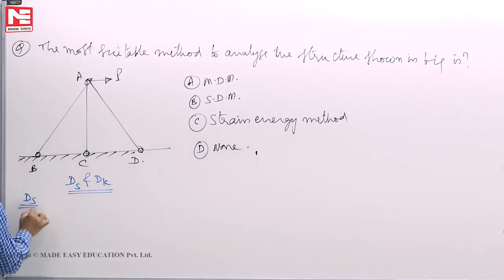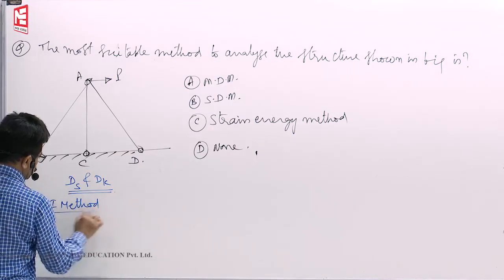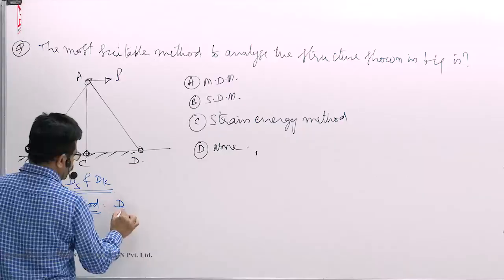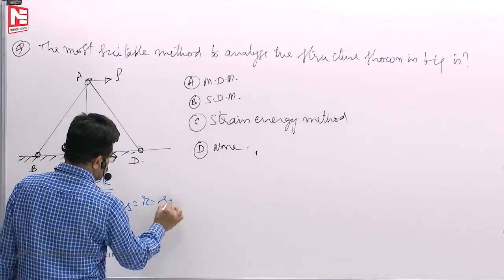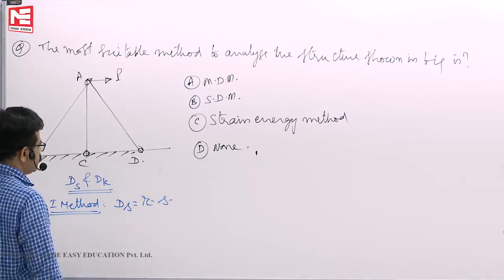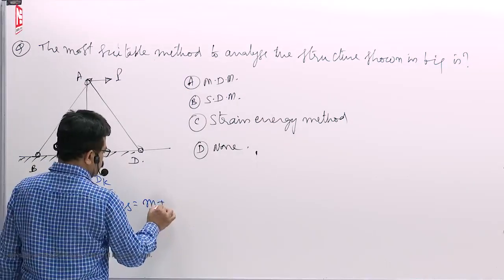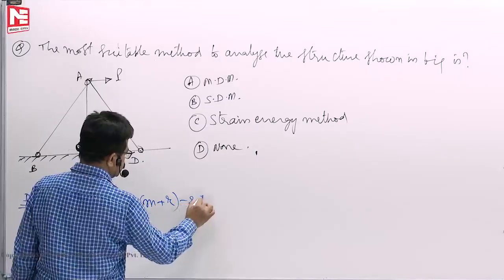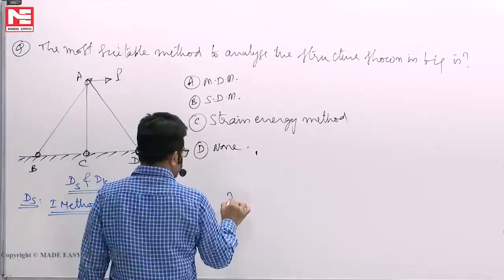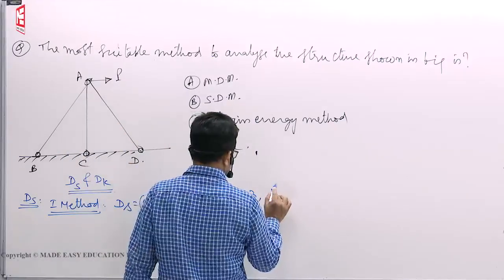So, ds. In ds, the first method, you can take ds is equal to r minus s, number of reactions minus number of equations of equilibrium. Our total static indeterminacy, if we want, is m plus r minus 2j. Number of members are 3, number of joints are 4.